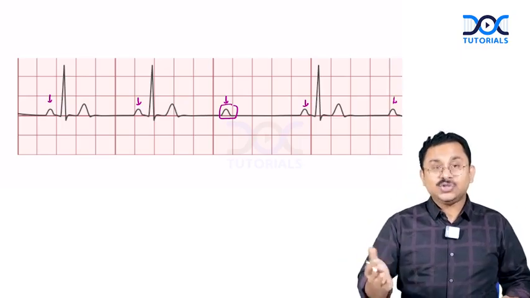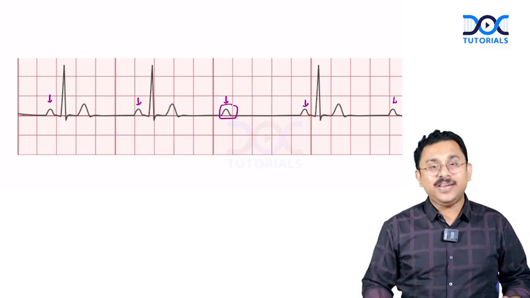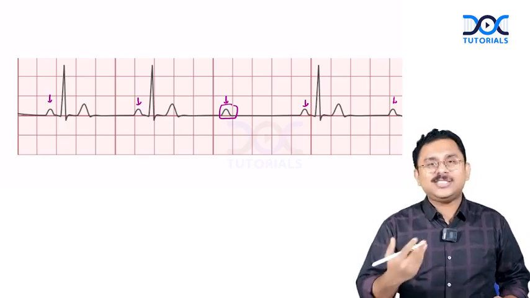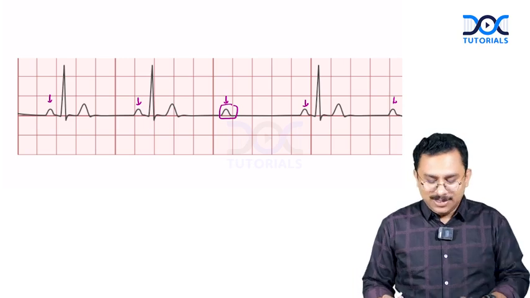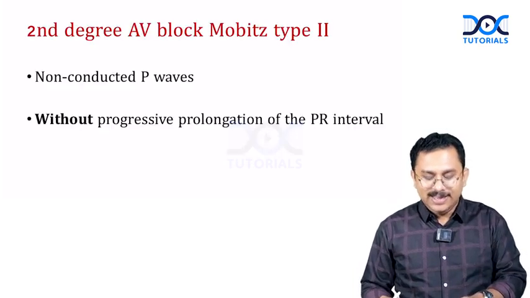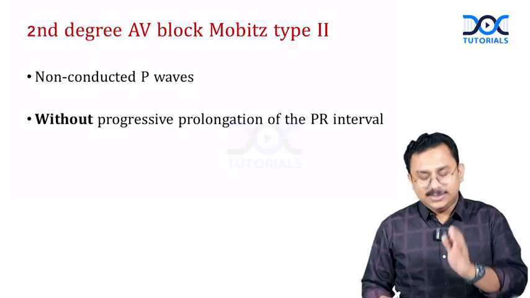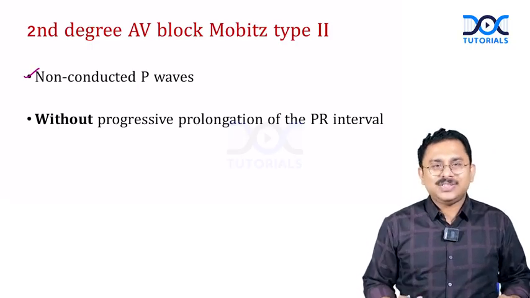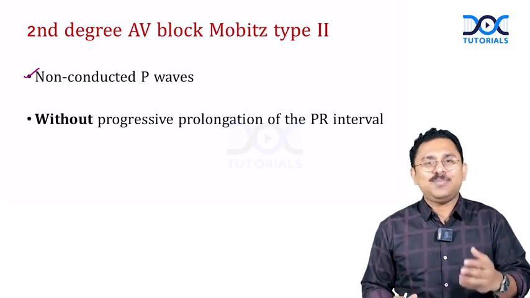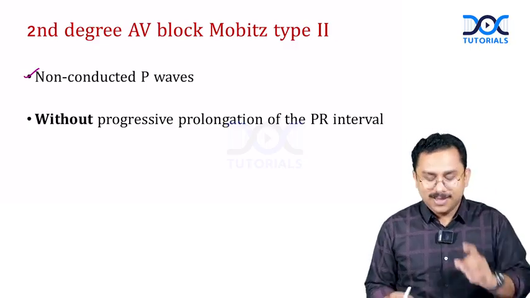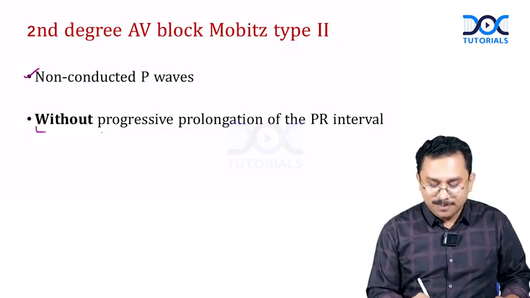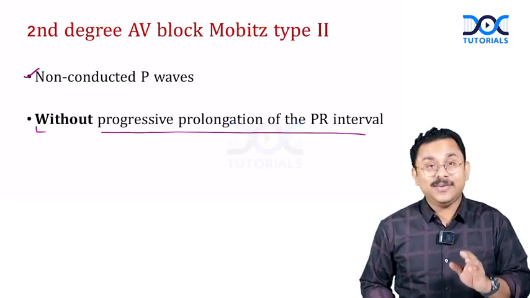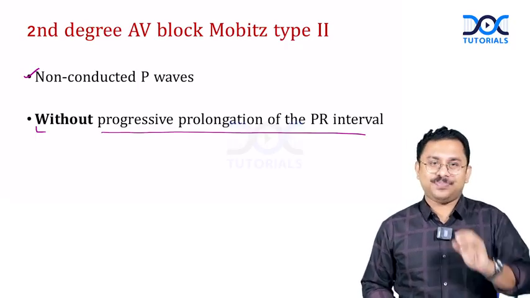The preceding as well as succeeding P waves are conducted with a normal PR interval, but in between this P wave is not conducted. So this is called a second degree AV block, Mobitz type 2, where you get non-conducted P waves just like Mobitz type 1, but here you do not have any progressive prolongation of the PR interval.